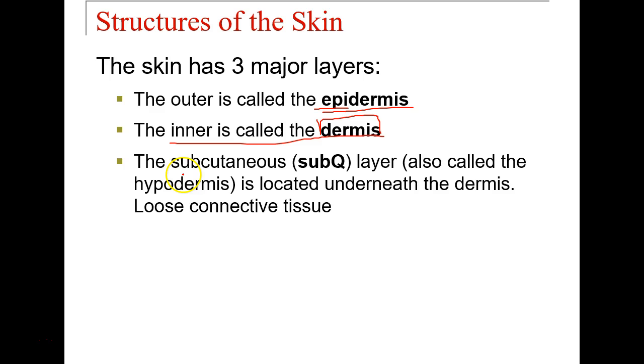Below the dermis is the subcutaneous layer, also called hypodermis. Hypo means below. This is where we anchor the skin to underlying tissue, such as muscle or bone.